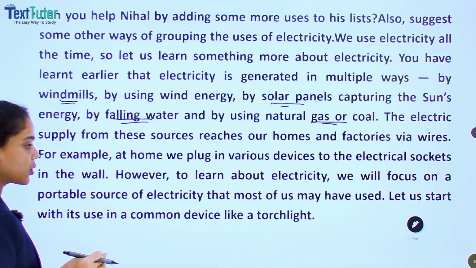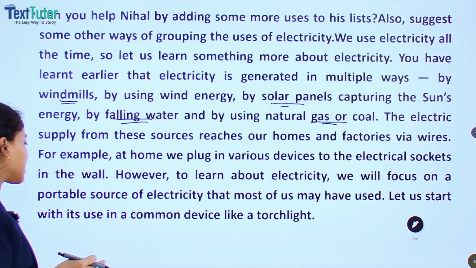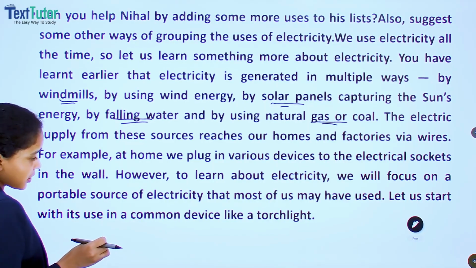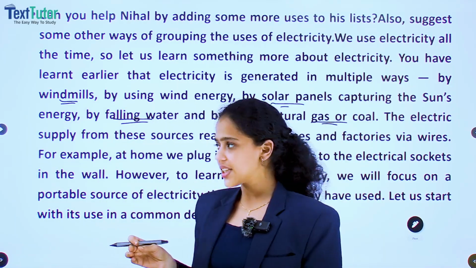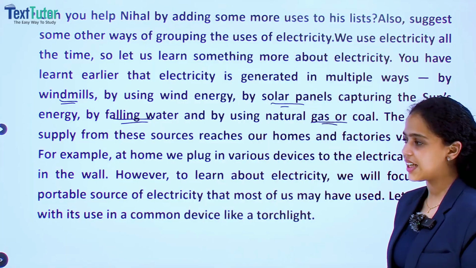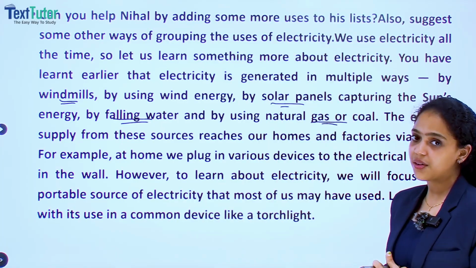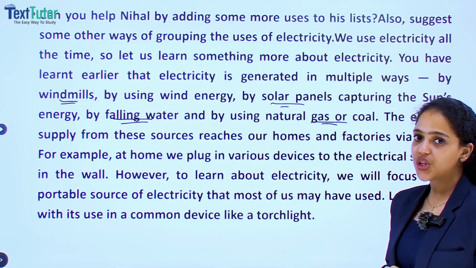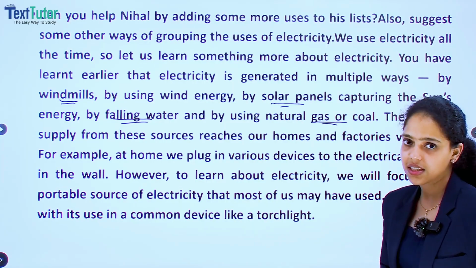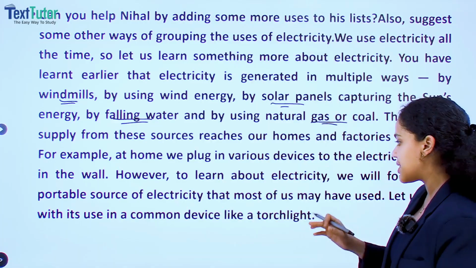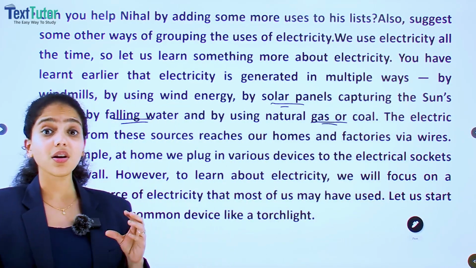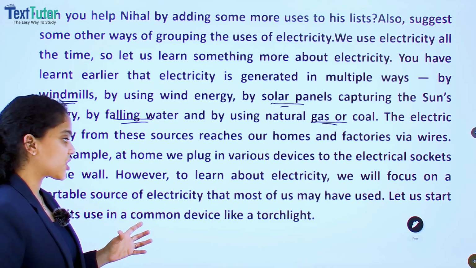Let us start with its use in common devices like the torchlight. We use electricity through some portable devices or portable sources of electricity which are most familiar to you. We said that for charging our mobile phones we plug into sockets. So in this chapter we are learning more about electricity and the portable sources of electricity.